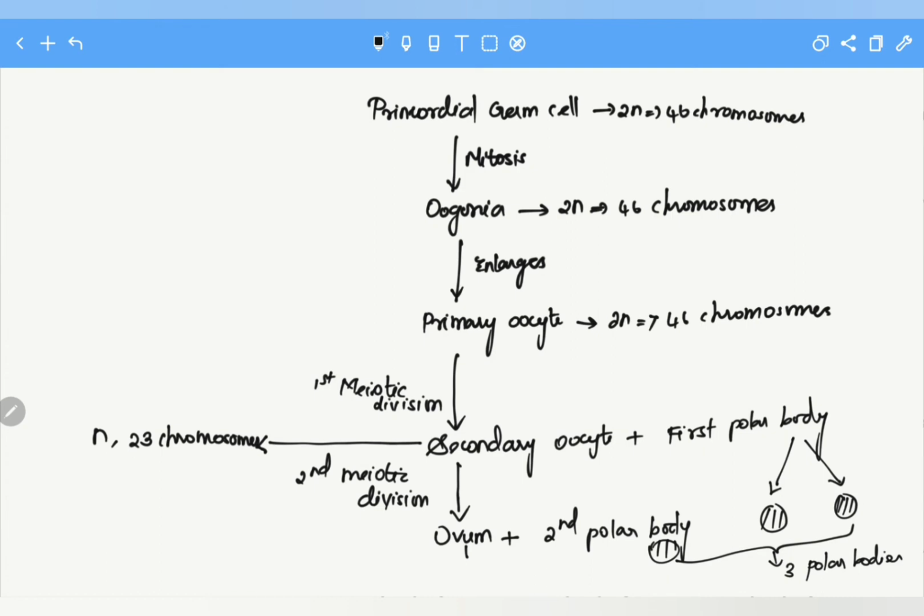And of course, the second meiotic division is similar to the mitotic division, so the chromosome number is maintained, and hence the mature ovum has the haploid number, 23 chromosomes. All the polar bodies contain the haploid number of chromosomes, that is 23 chromosomes.